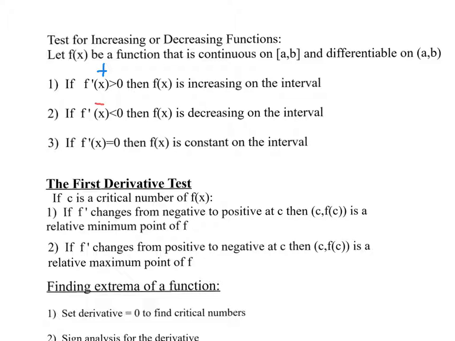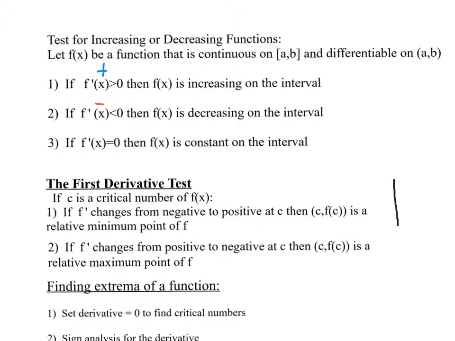Now let's take a look at the first derivative test. The first derivative test says if C is a critical number, if f prime changes from negative to positive at C, then the point C comma f of C is a relative minimum point. So picture this.